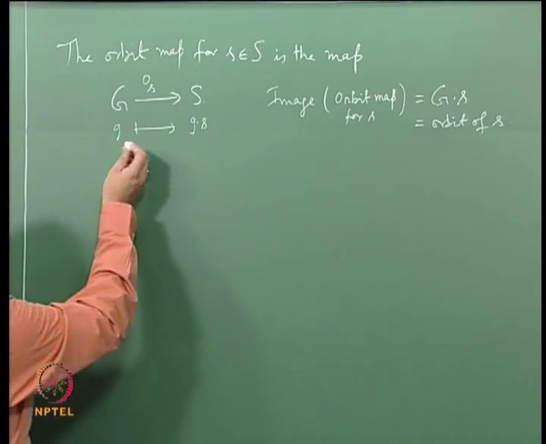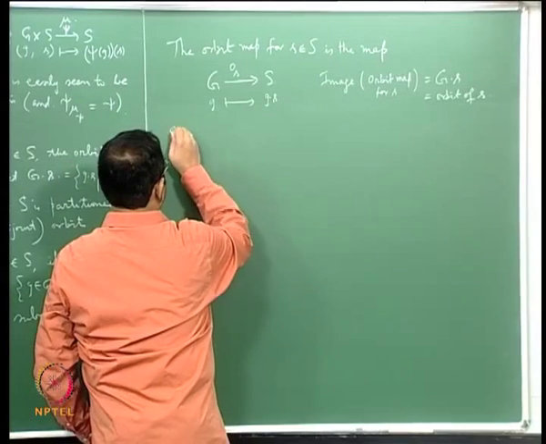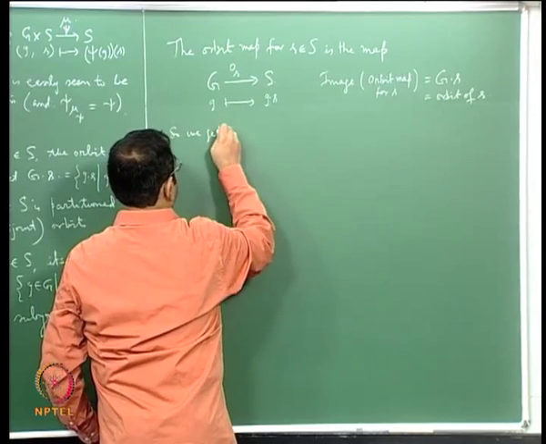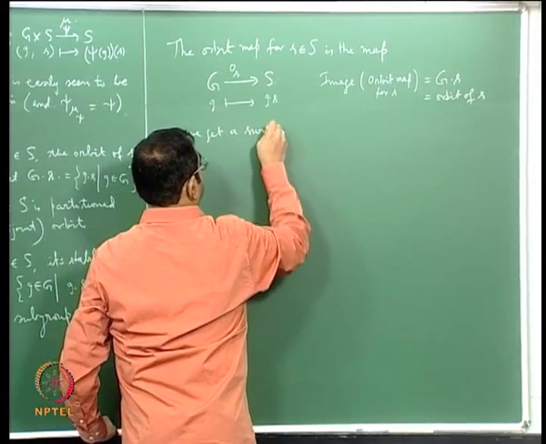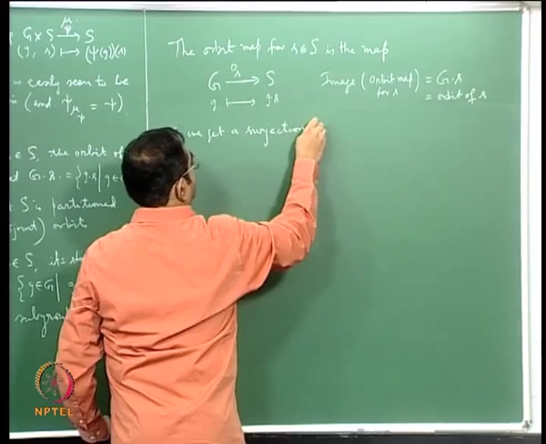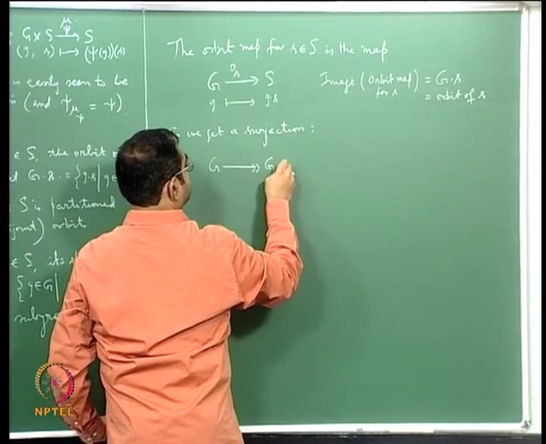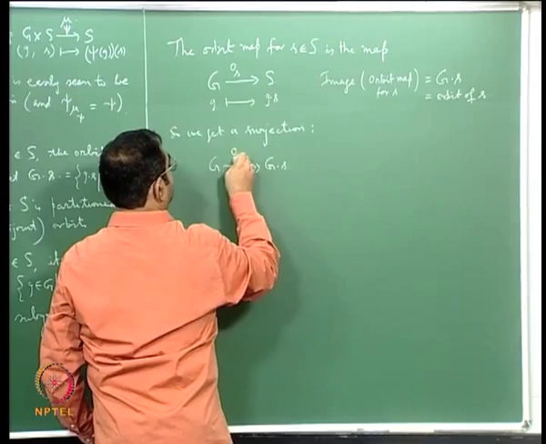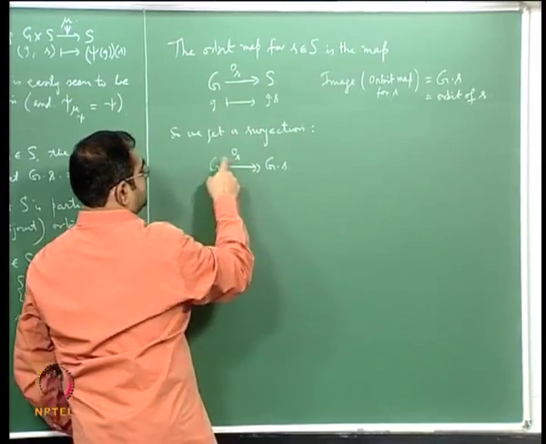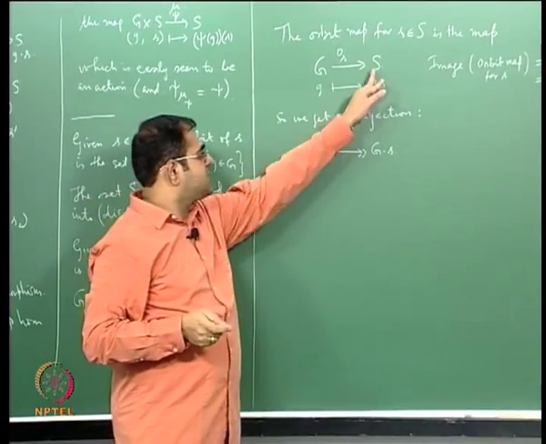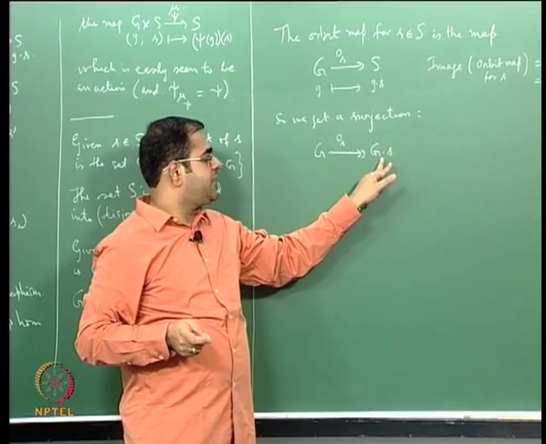And in fact we get a surjection from G to G dot s via the orbit map. I will still write this map as the orbit map because essentially I have just taken the image.